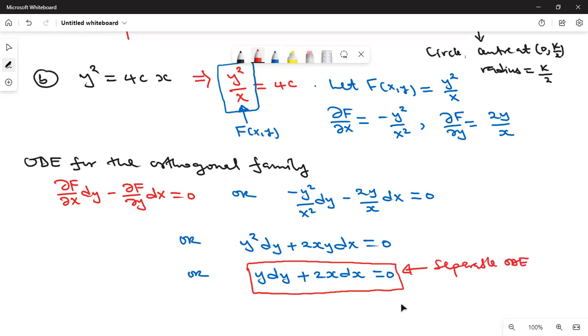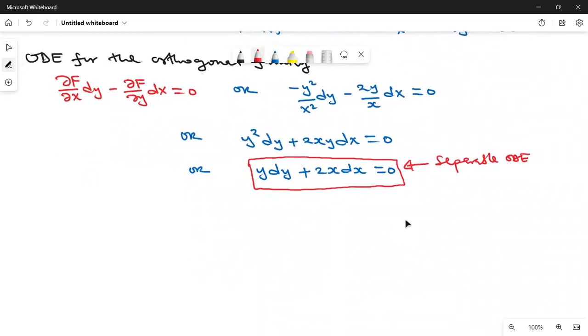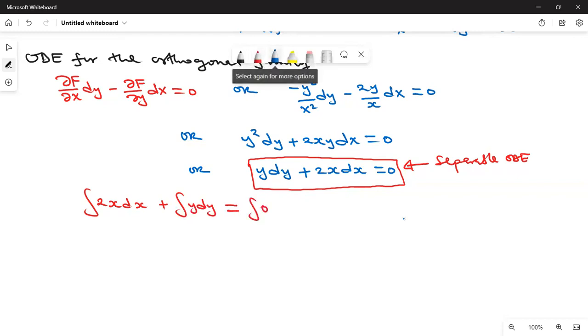So we just need to integrate each term to get our general solution. So we are going to integrate 2x dx plus the integral of y dy is equal to the integral of 0. So what do you get when you integrate 2x with respect to x? That will give us x squared.